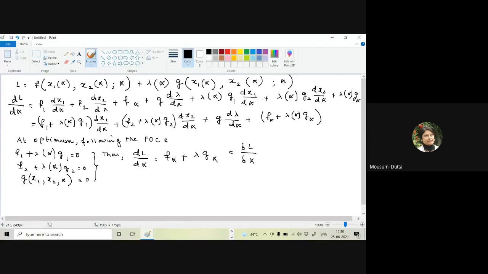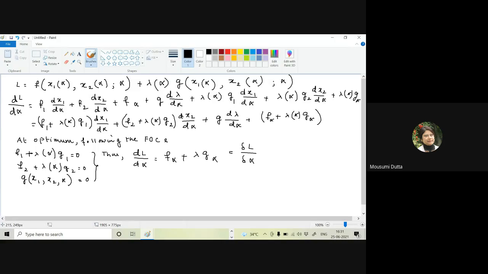Then I'm keeping lambda fixed and taking the derivative of g with respect to x1, x2 and alpha. So I'm getting lambda into g1, that is del g by del x1 into dx1 by d alpha, plus lambda del g by del x2 into dx2 by d alpha, plus lambda into del g by del alpha, that is g alpha. So we are getting all these 7 terms. Please check whether you are also getting these terms.